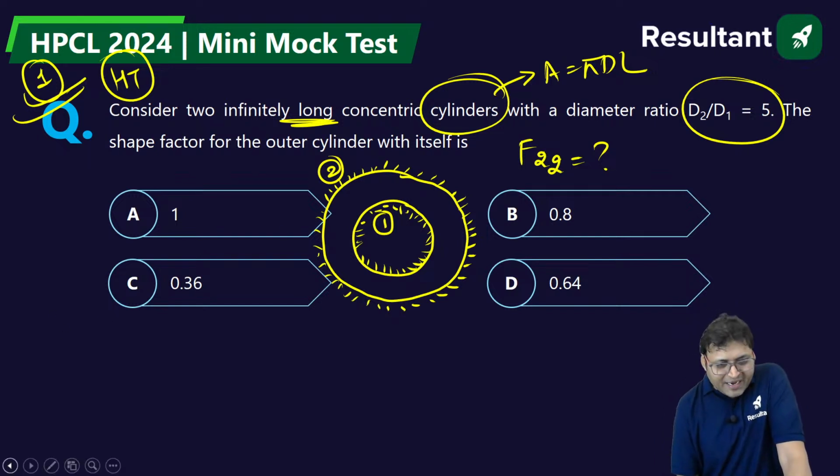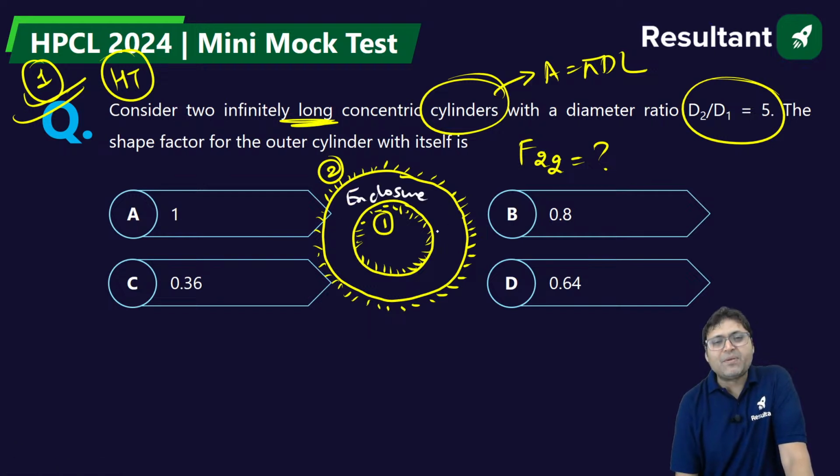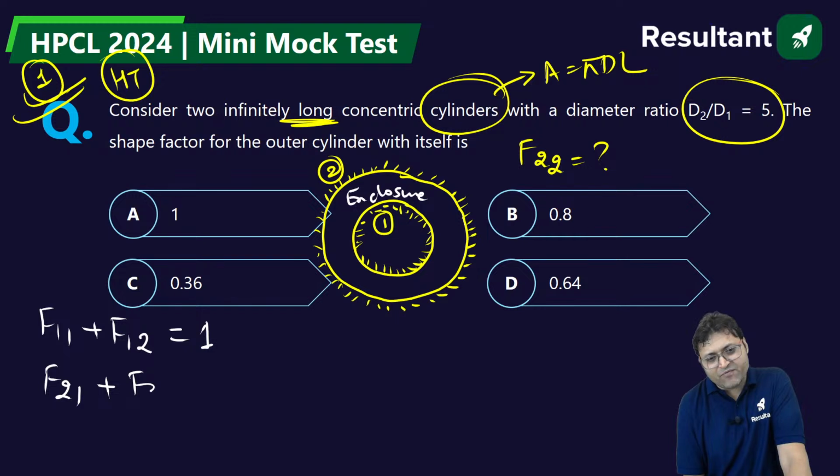So we can call this an enclosure. The gap between the two cylinders can be considered as an enclosure. So according to the enclosure theorem, F11 plus F12 is equal to 1. Similarly, F21 plus F22 will also be equal to 1.